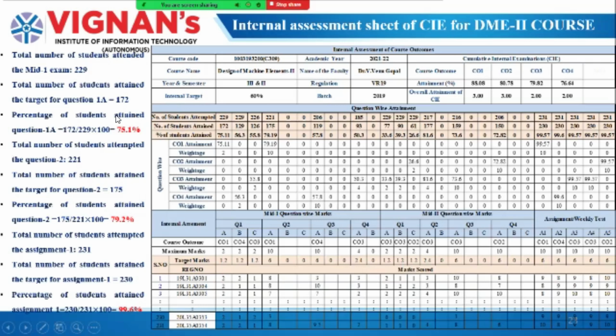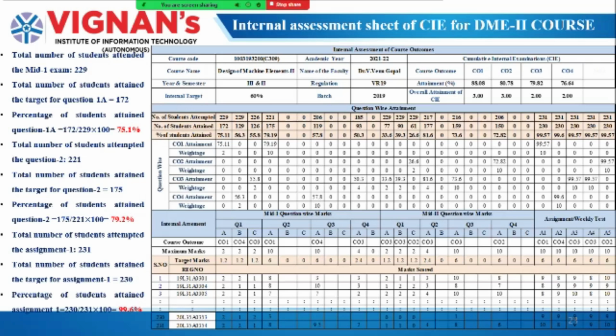Under question 1, we are having again A, B, C bits, and question 2 we have only 10 marks, question 3 again for 10 marks, and question 4 only for 4 marks. This is based on our mid paper structure. Similarly, in mid 2, we have again question 1 ABC bits, question 2 for 4 marks, and question 3 and question 4 for the 10 marks.